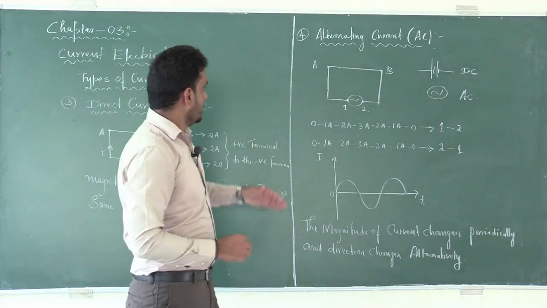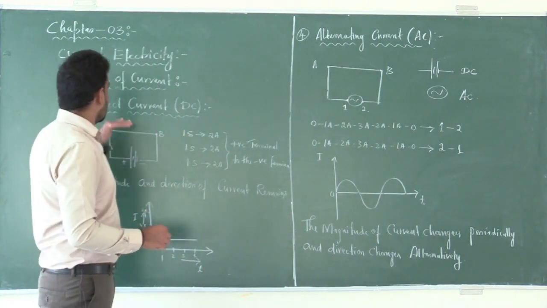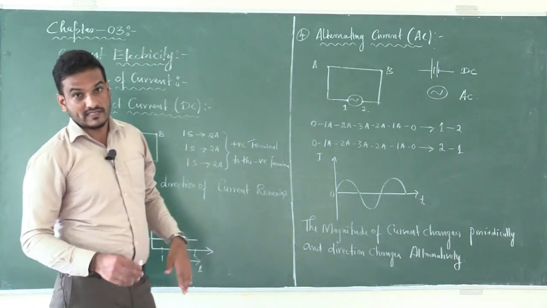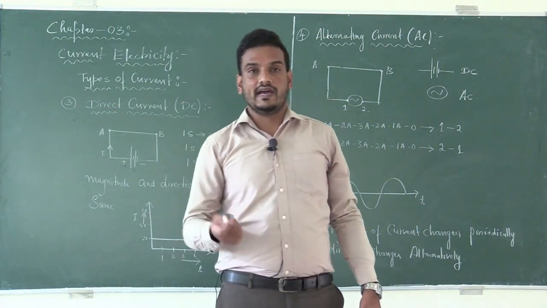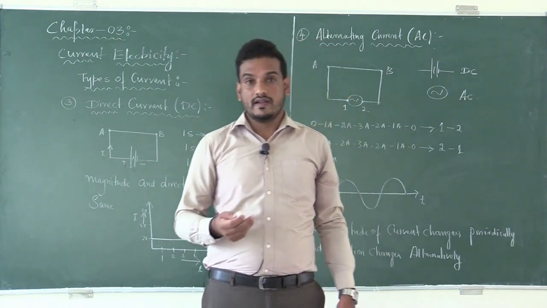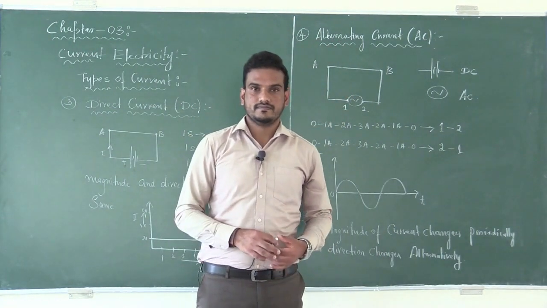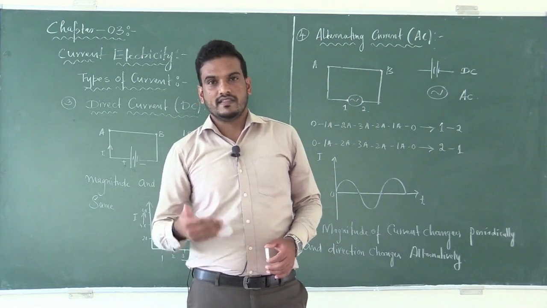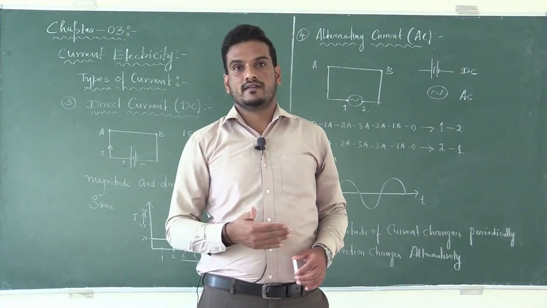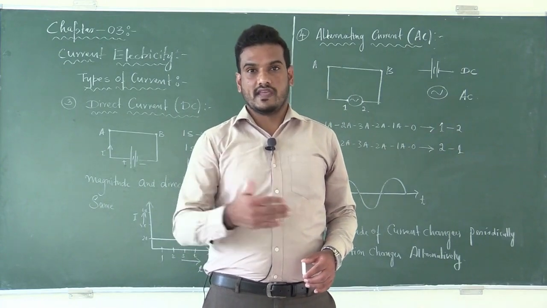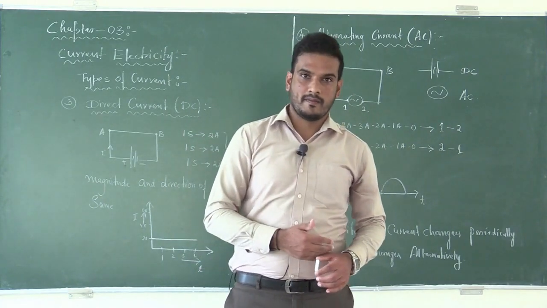Okay, so these are the types of current: steady current, varying current, direct current and alternating current. Steady current: the magnitude of flow of charge through a conductor remains same every second.